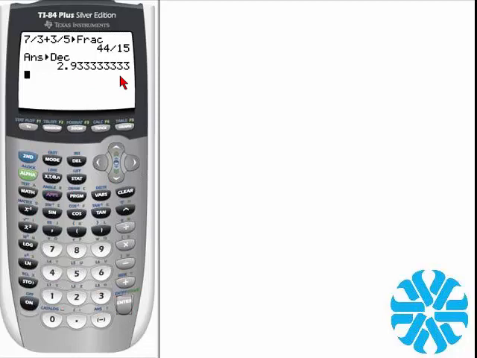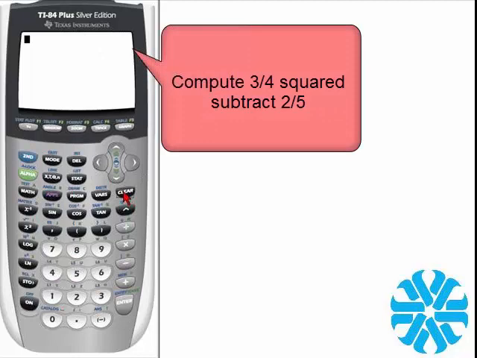Okay, let's take a look at another example. So let's do a little bit of a twist here. Let's clear the screen first. In this particular example, we want 3/4 squared minus 2/5. So if we put in 3 divided by 4 and then square that, and subtract 2/5.